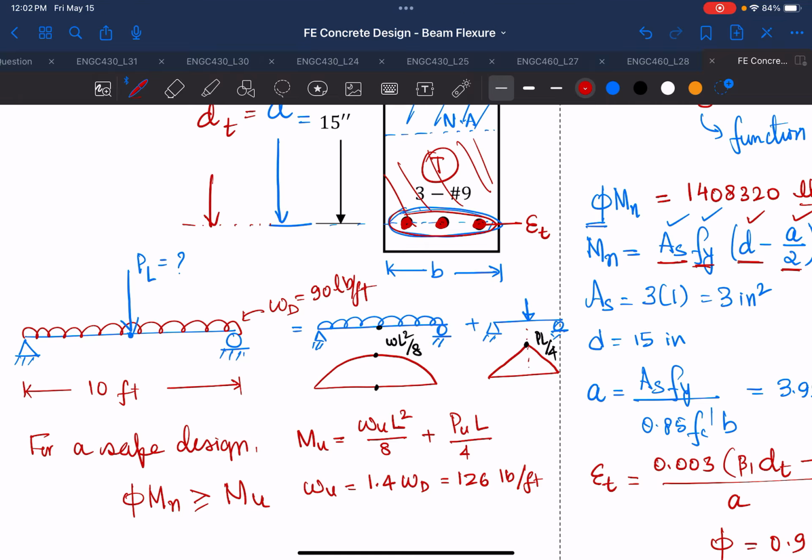And then we have Pu, and Pu is 1.2D plus 1.6L, but since we do not have PD, which is concentrated dead load, that will be 0. So finally we found that this is 1.6 P.